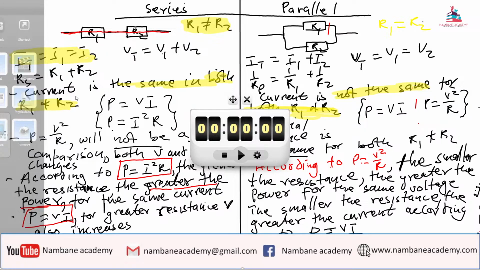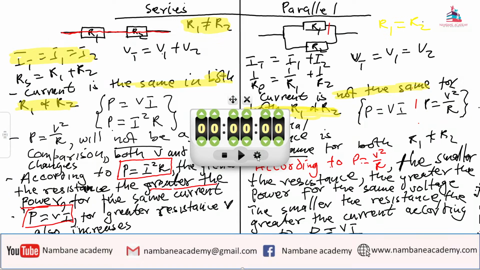We are building towards understanding the exam type of questions, and this system will assist us to prepare fully for the examination. I'm going to give you 30 seconds, then you can ask your questions in detail.